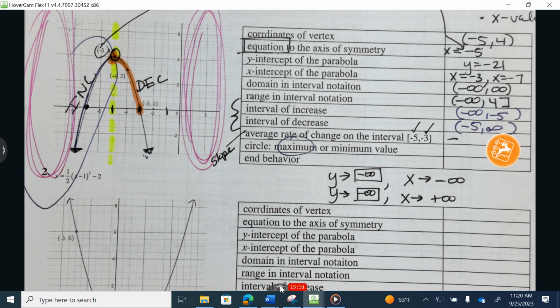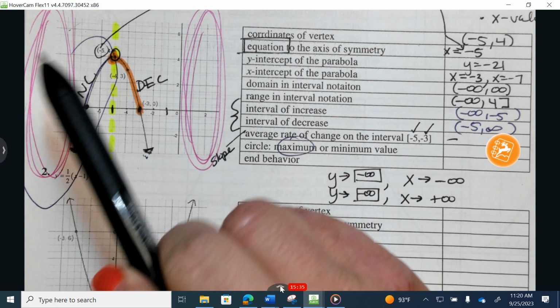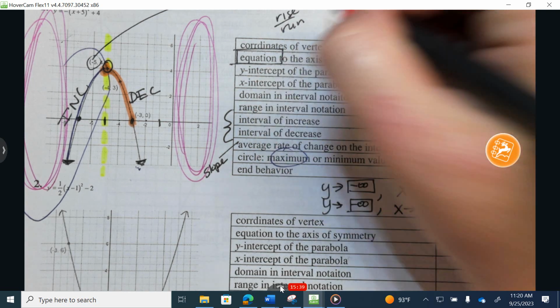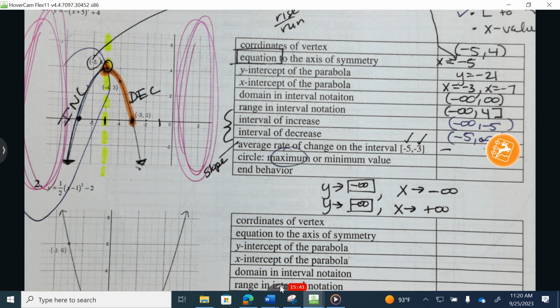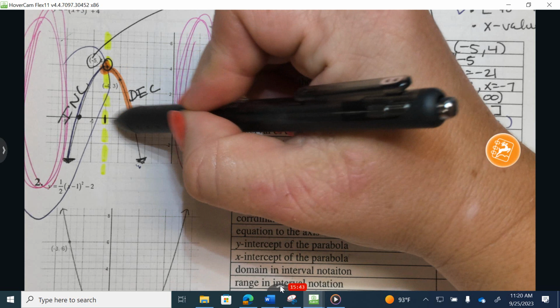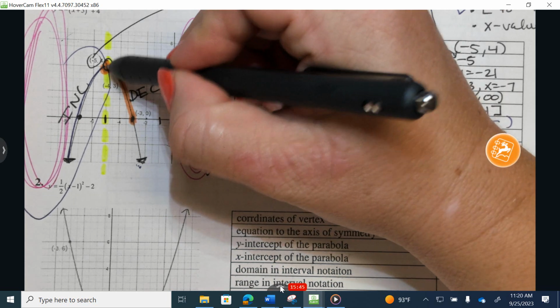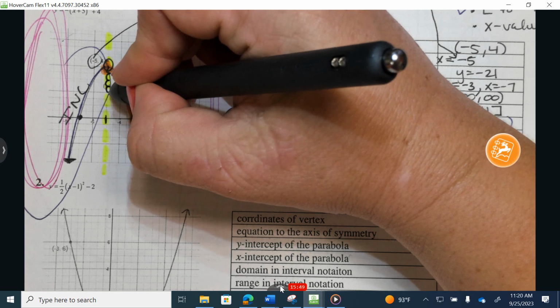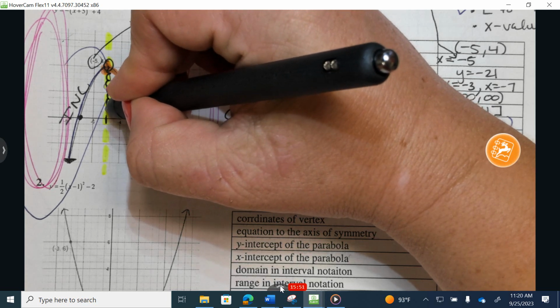I'm going to show you two different ways to do this. You have to know how to do it both ways. One is we're going to count. We start here, and please write down the words rise over run. You always go up and down first, left or right second. So we're going to count, and I'm going to go straight down until I'm horizontal here. 1, 2, 3, 4, 5, 6, 7, 8.